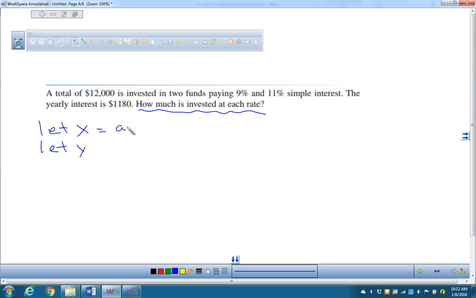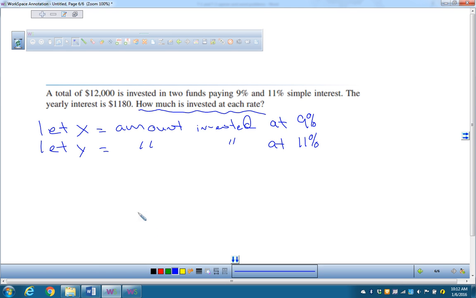Amount invested at 9%, okay? And then y is the amount invested at 11%, right?